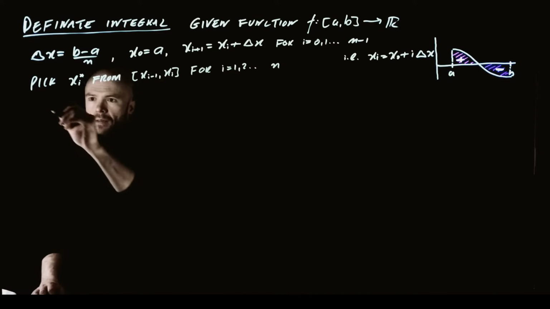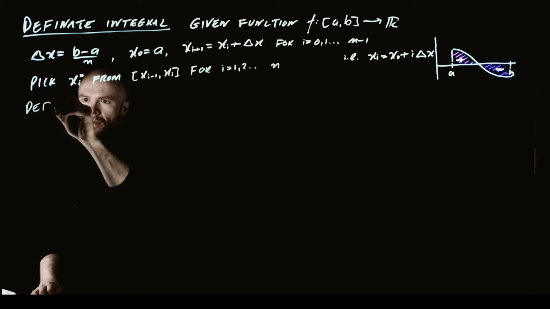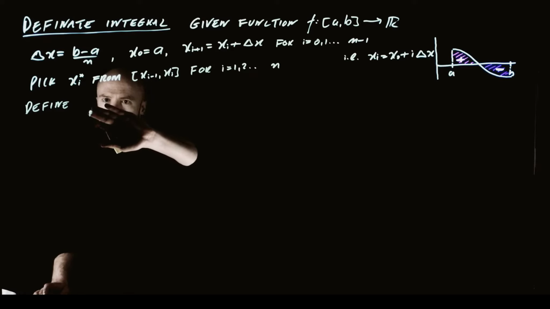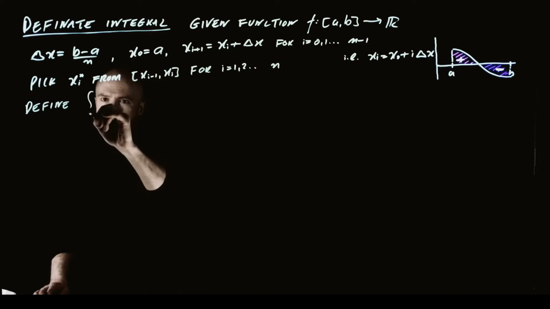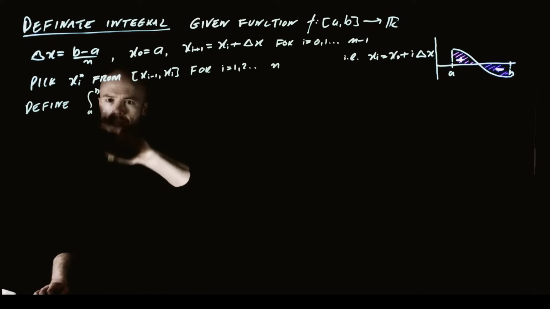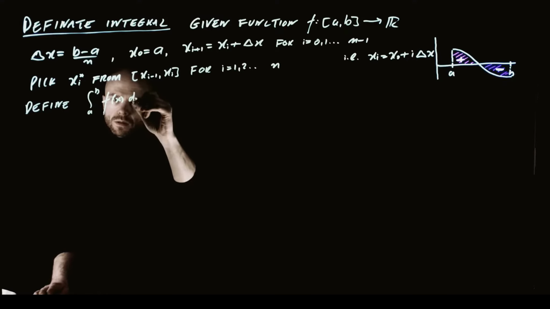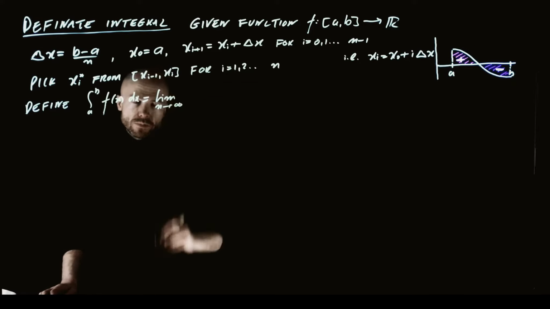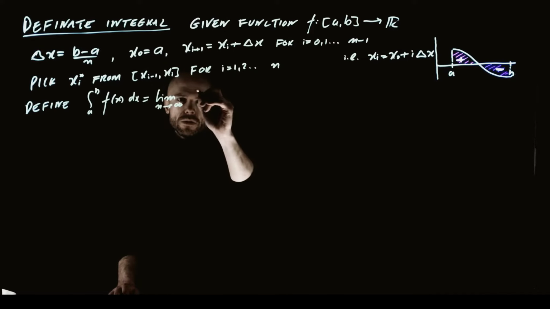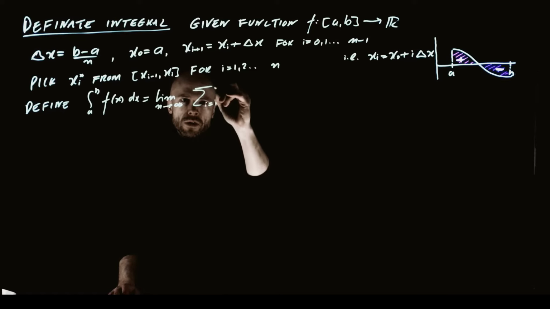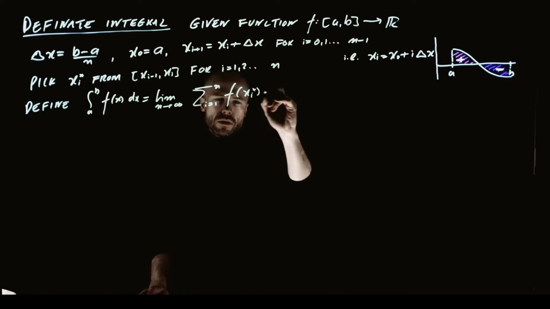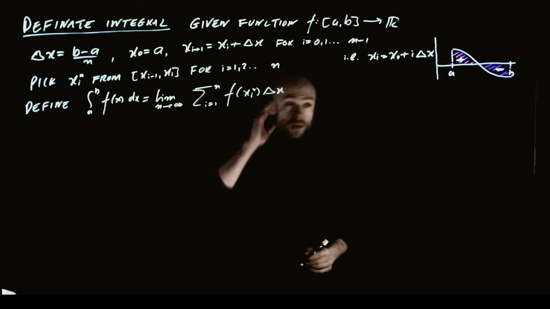And then we define the integral from a to b of f of x to be the limit as n goes to infinity of the sum from i equals 1 up to n of f acting on these sample points, times delta x. Okay, so what's going on?